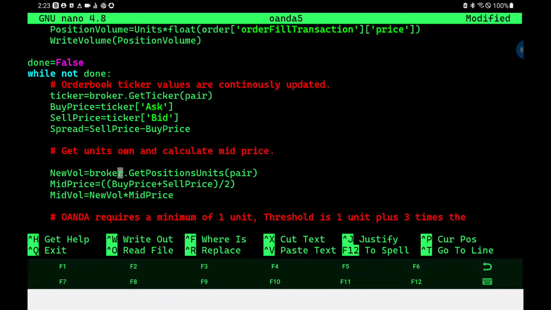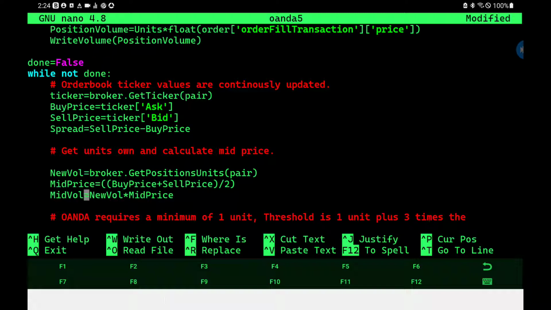So we go to the broker and we get the number of units in our position. In this case, we're holding 100 as of this moment. Now, we take the buy price and the sell price and we simply get the average. You could go get the OHLCV data and get the closing price at the moment, but I wanted to keep this simple with only the order book.